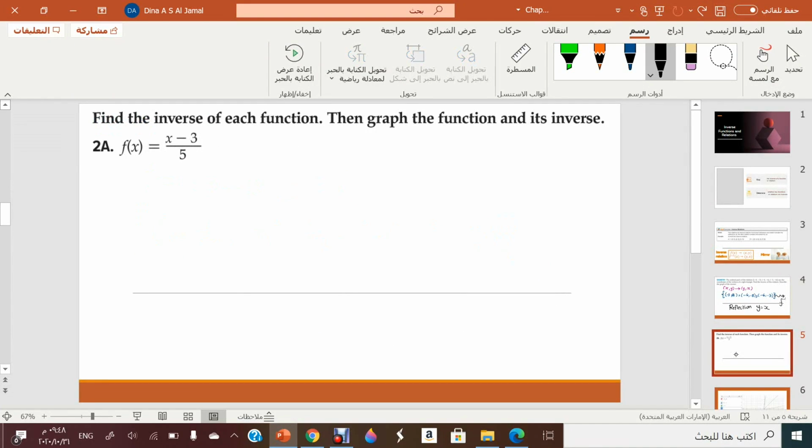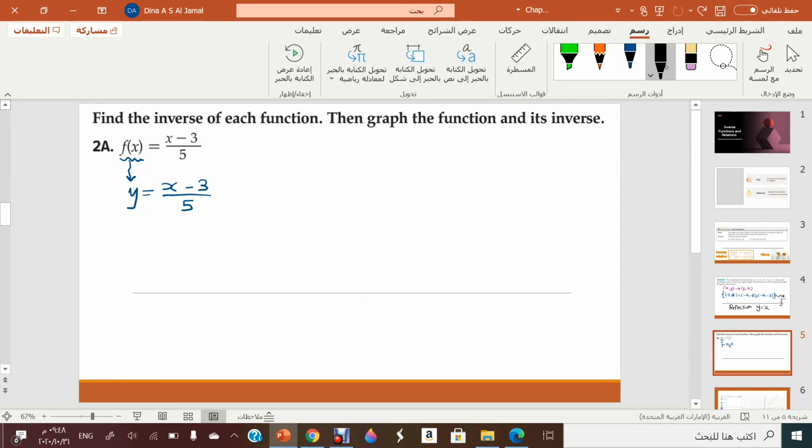So let's have it step by step. First of all, you are having f of x is equal to x minus 3 over 5. Remove f of x and keep it as y equals x minus 3 over 5.